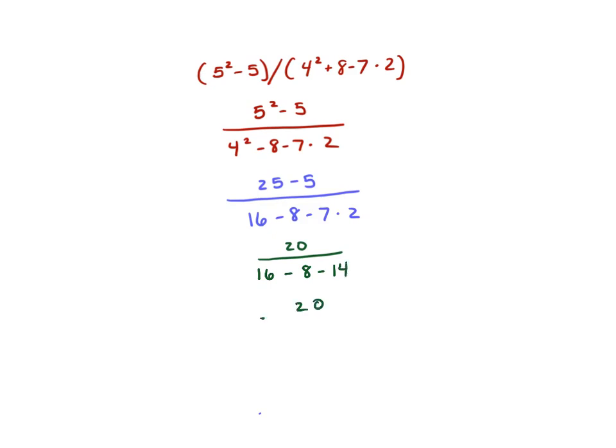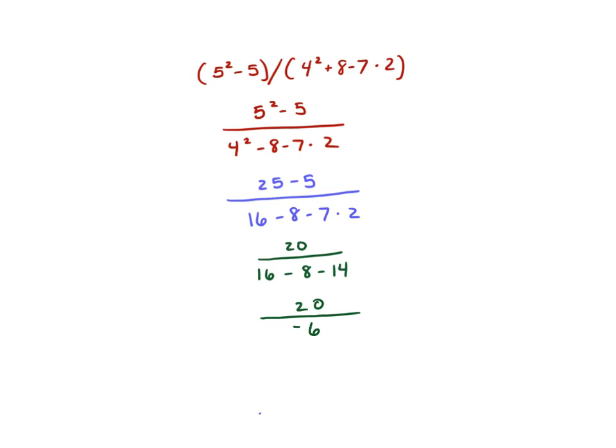I can't do any division yet. I just work left to right in the denominator. Let's do this all together here. 16, take away 8 is 8. And 8 minus 14 is negative 6. And then finally I can do my division. Well, 20 is not divisible by 6, but it can be simplified.